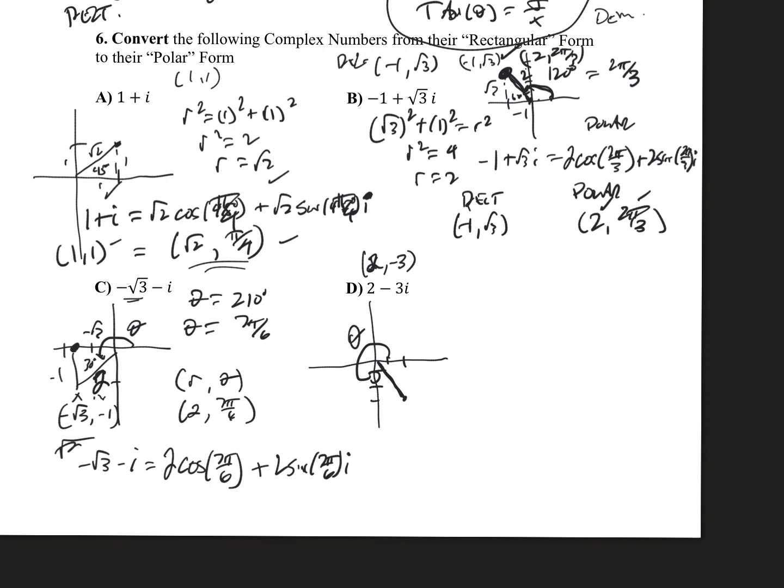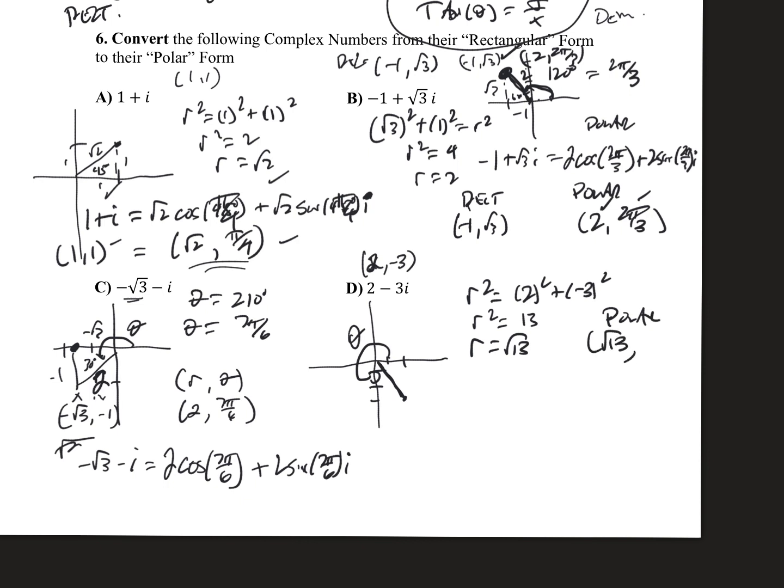And we can find our r pretty easily. r squared is 2 squared plus negative square root of 3 squared. So r squared, what is that, 7? So r is the square root of 7. So my polar form is the square root of 7.